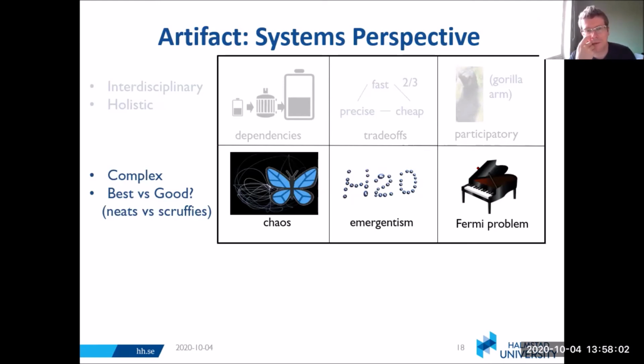And this relates also to how we look at our design space. Do we want to look at a simplified version of our problem and then try to find the best solution possible? So maybe some math equation that perfectly defines this simple problem.